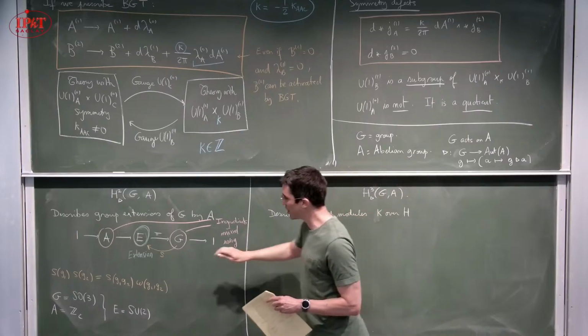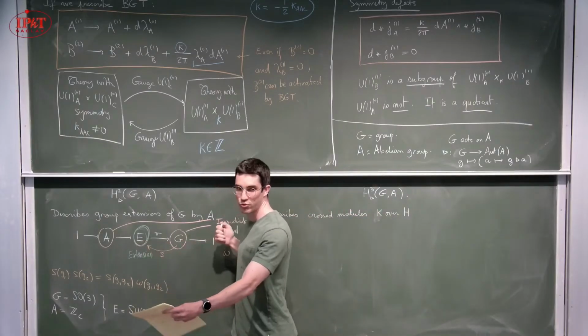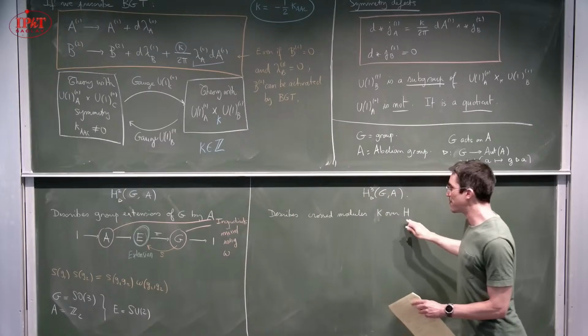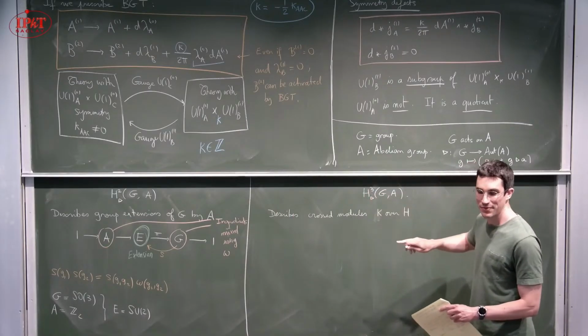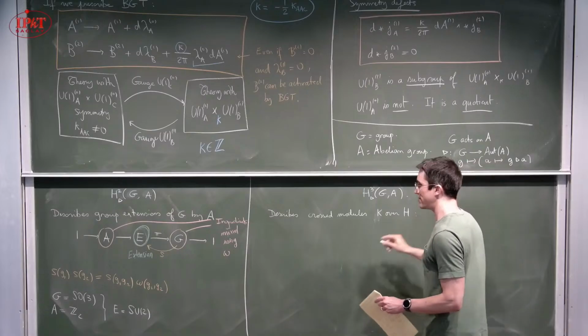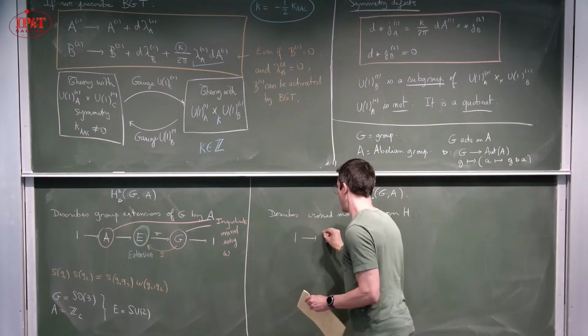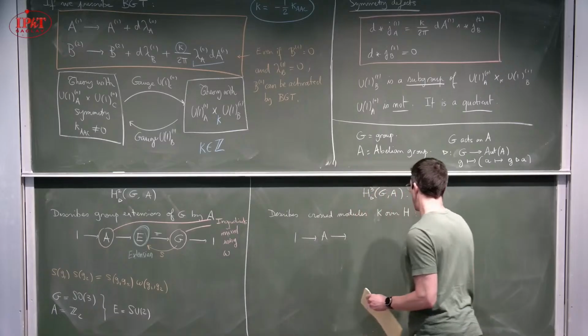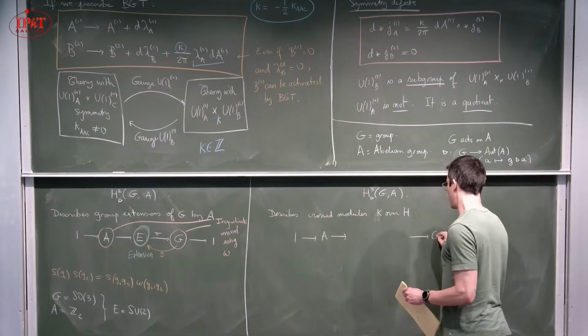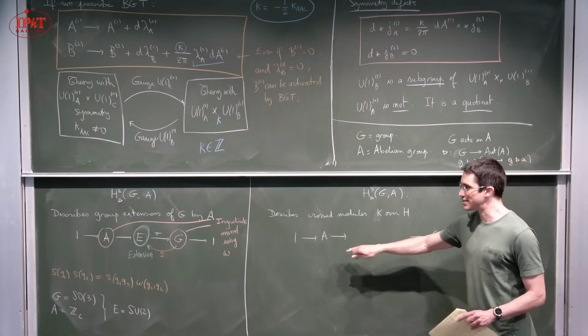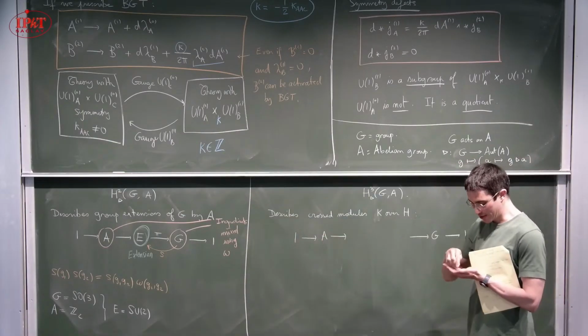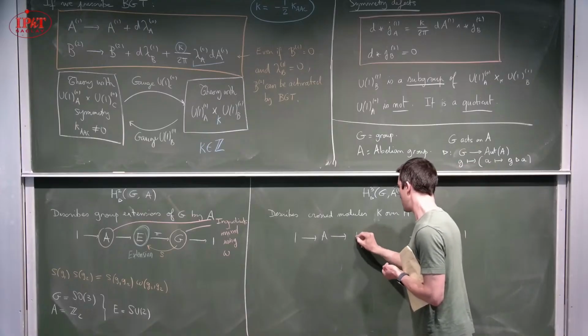So in the same way as here, we could build something more complicated out of two groups, we can also build something more complicated out of two groups and given an element of H3. And what is that thing? It's very similar. So still put A, and now you put G and 1. The only difference is that the thing in the middle, it's not just E, it's a thing which has two terms.